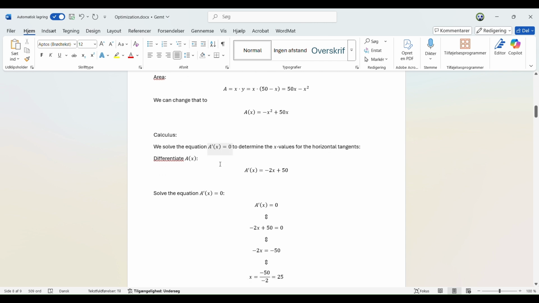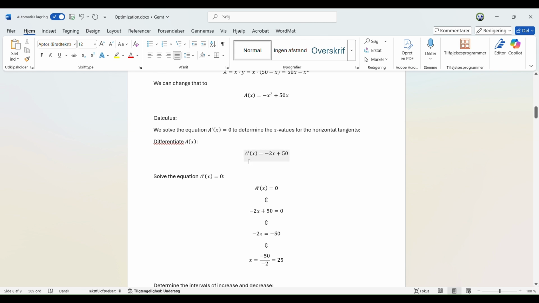Now we want to use differential calculus to find the optimal value of x and the optimal value of our area. So we want to solve this equation called A prime of x equals 0. So that would get us our optimal solution for x.